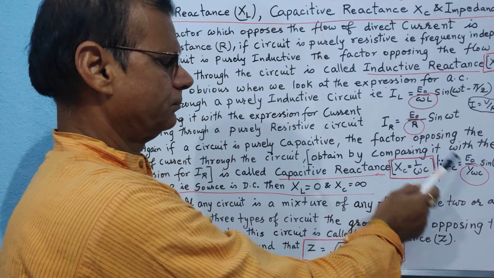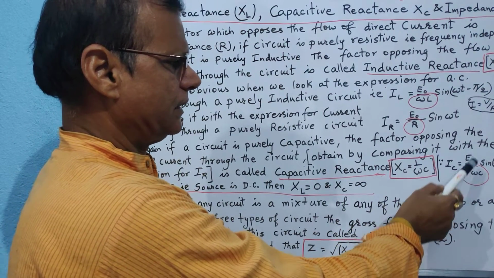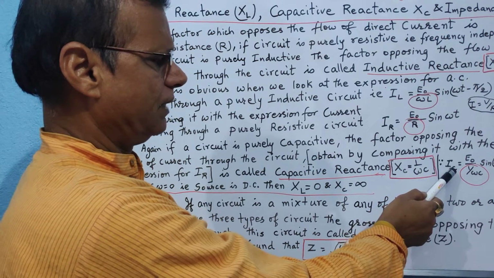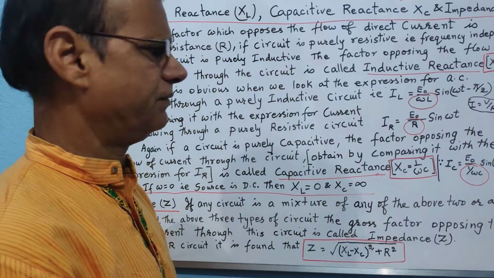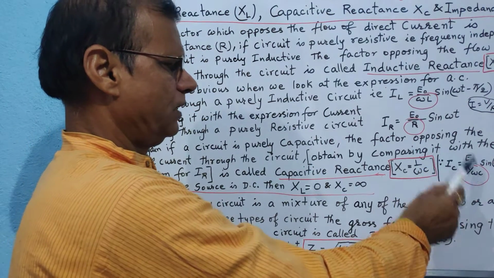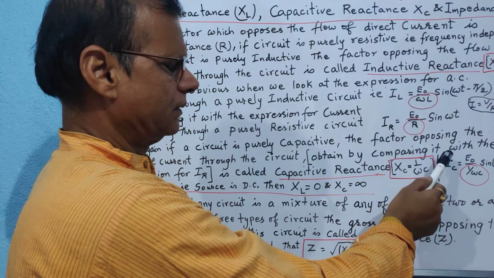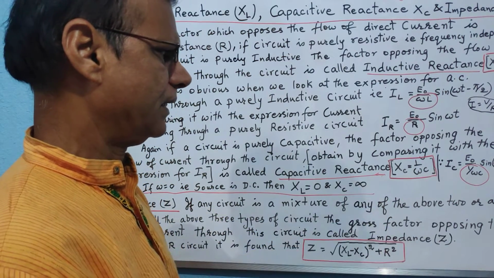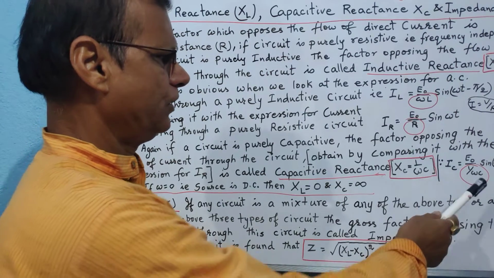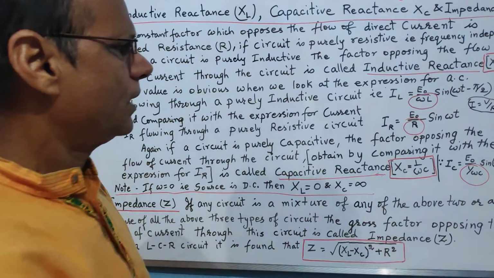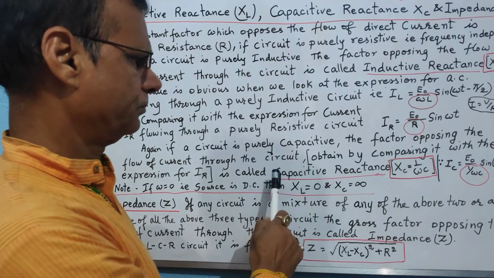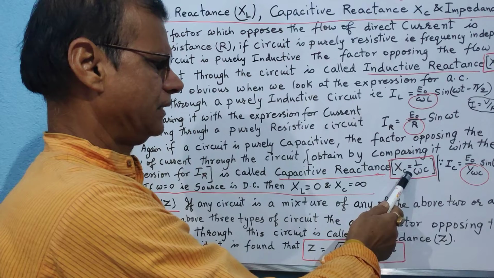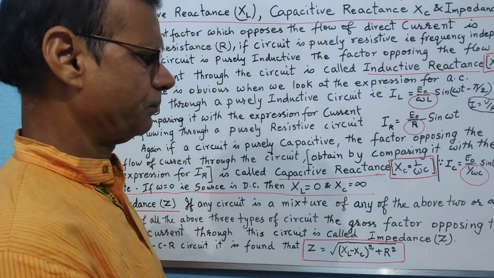So we can understand that the greater the value of 1 by omega C, the smaller the value of IC, the capacitive current, and the smaller the value of 1 by omega C, the greater the value of IC. And so we define a new term, capacitive reactance, and denote it by XC. So XC is equal to 1 by omega C.